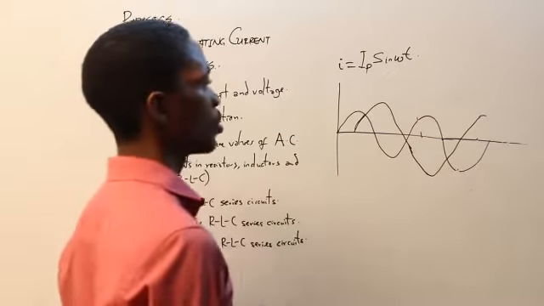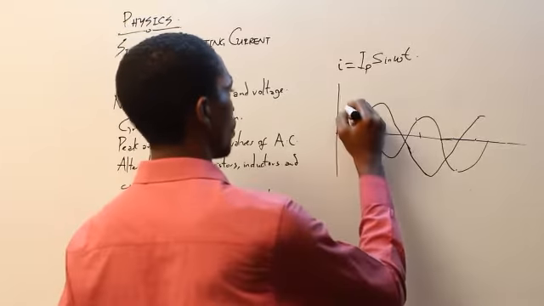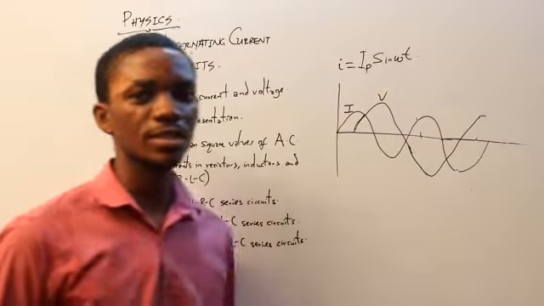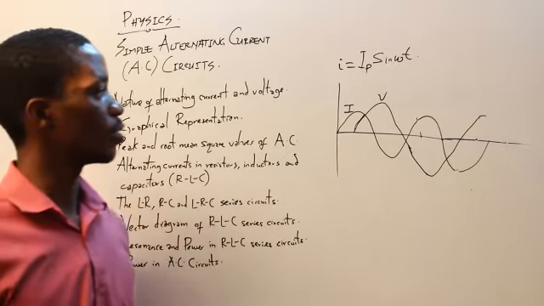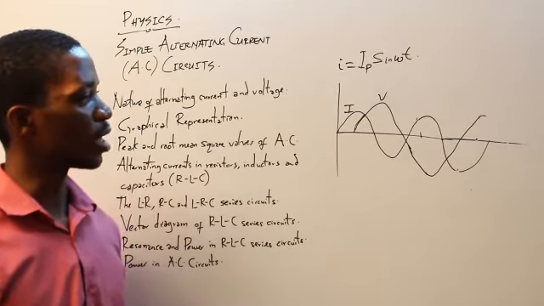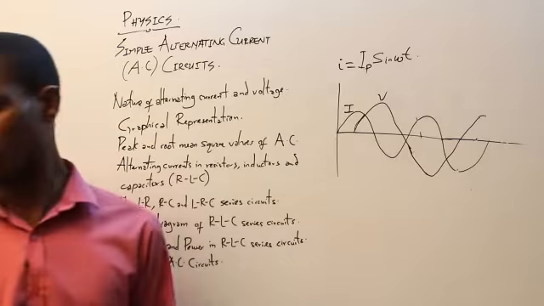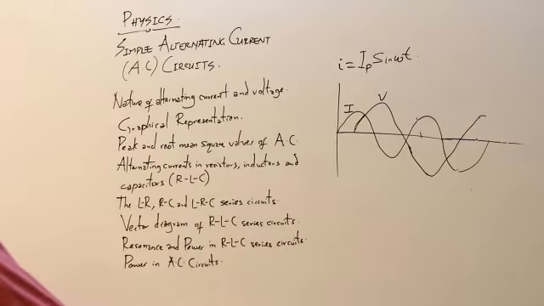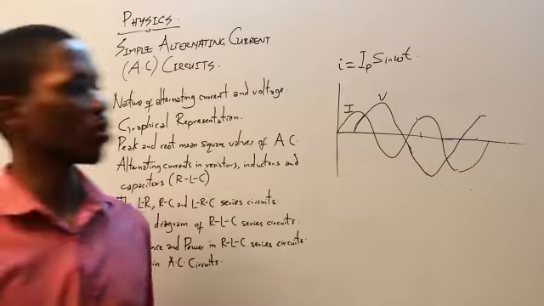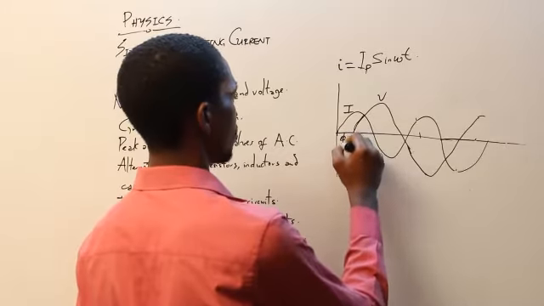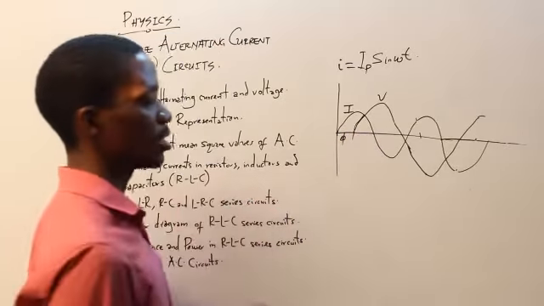This is the current and this is the voltage. They move at a different distance. One of them leads the waveform while the other follows, and the distance between them is regarded as phi.